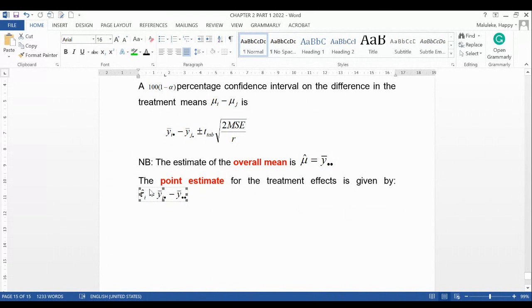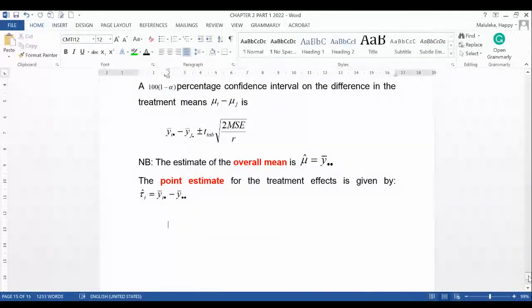You are not seeing it for the first time. If I ask you to find the point estimates, I'm simply saying, give me the values of the tau I. The point estimate for each treatment, you have to find the value, so you estimate the treatment, the tau I's. So you use this formula here.